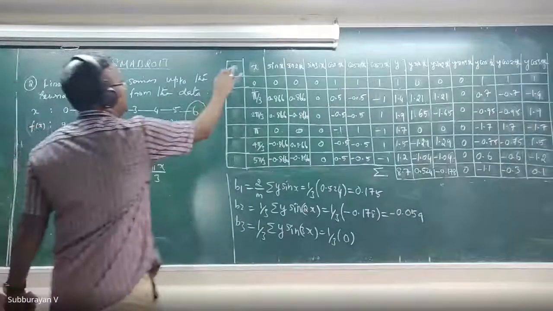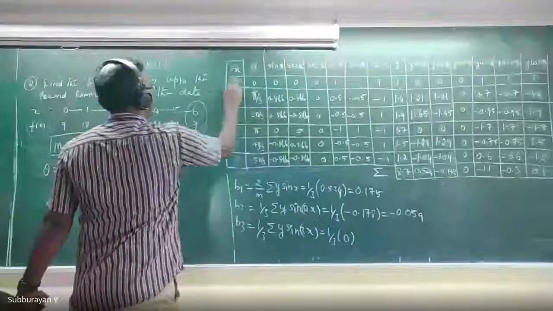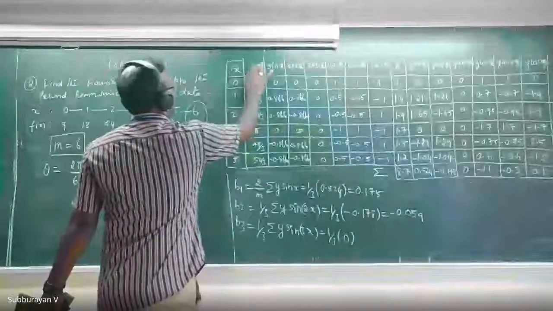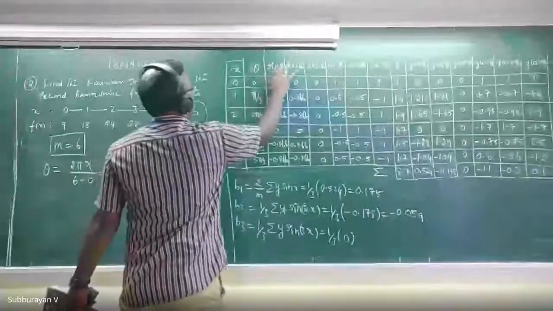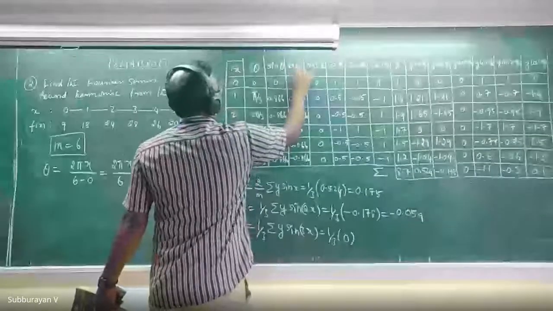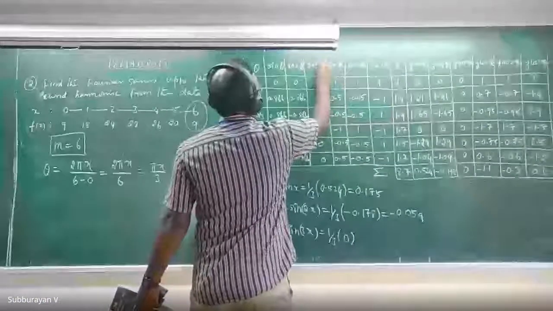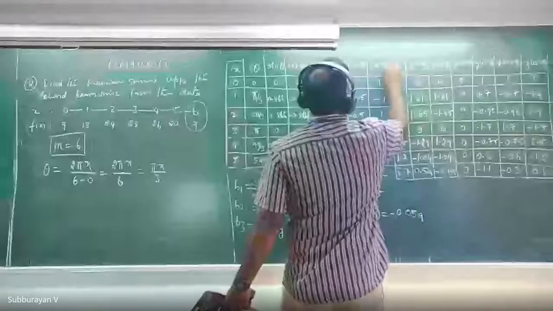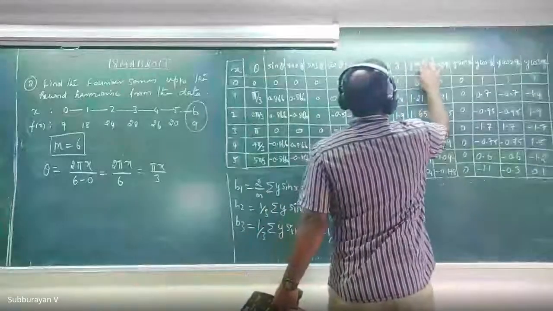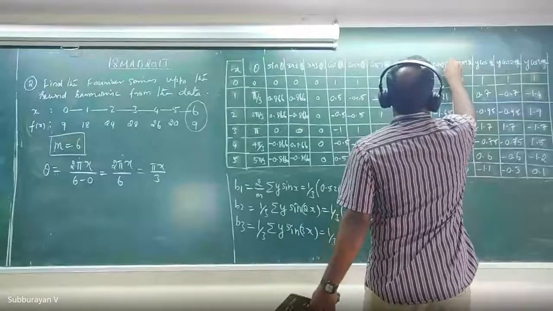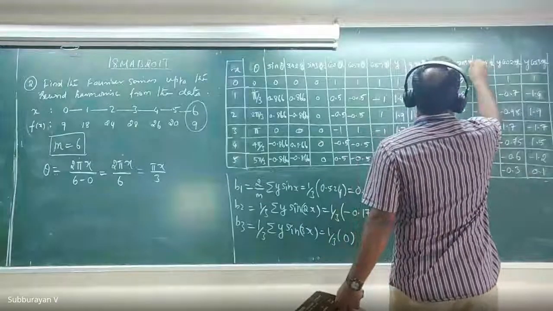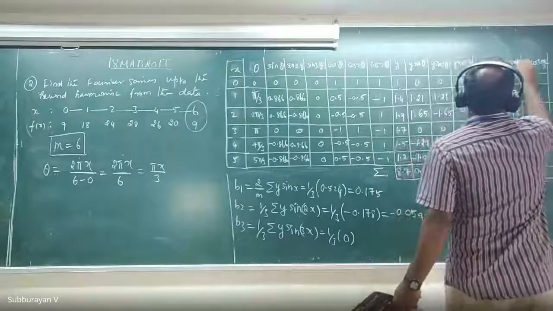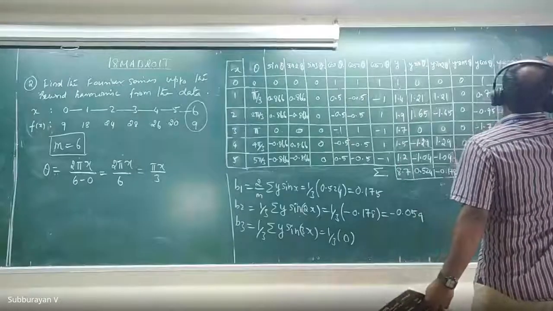Now look at this: x equals 0, 1, 2, 3, 4, and 5. Now you have to find theta, sine theta, sine 2 theta, sine 3 theta, cos theta, cos 2 theta, cos 3 theta, and then y sine theta, y sine 2 theta, y sine 3 theta, y cos theta, y cos 2 theta, and y cos 3 theta.